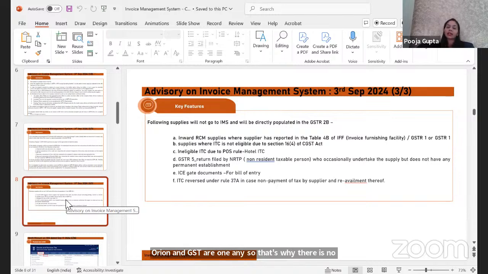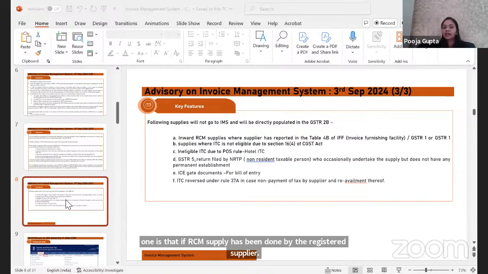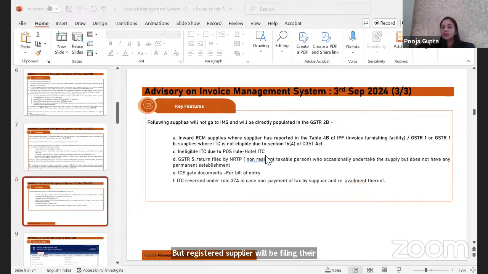Second, if the RCM supply has been made by a registered supplier, the registered supplier will be filing their GSTR 1.